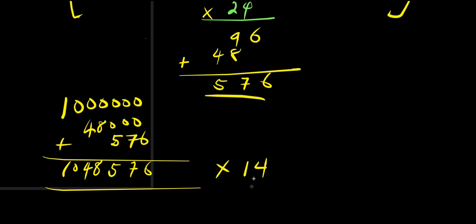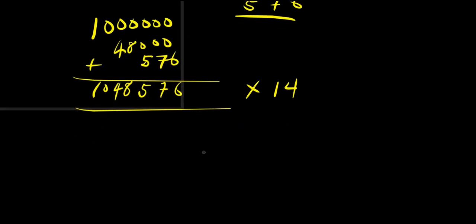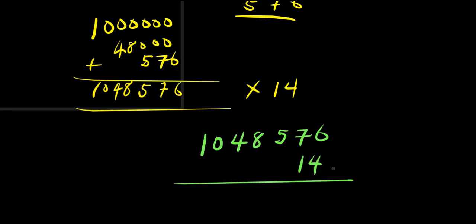So let's do that. What we are going to have will be 1048576 times 14. So we are going to start multiplying using 4. So you have 4 times 6.